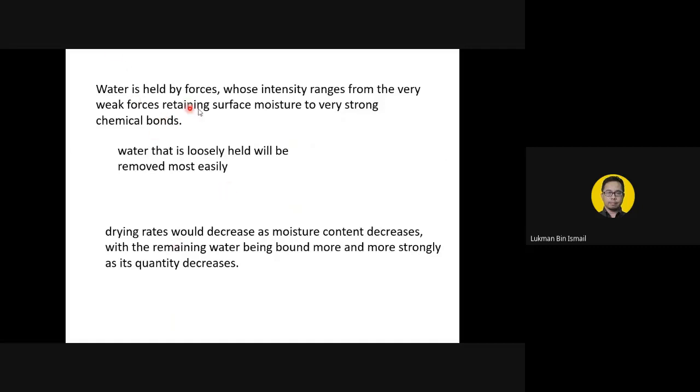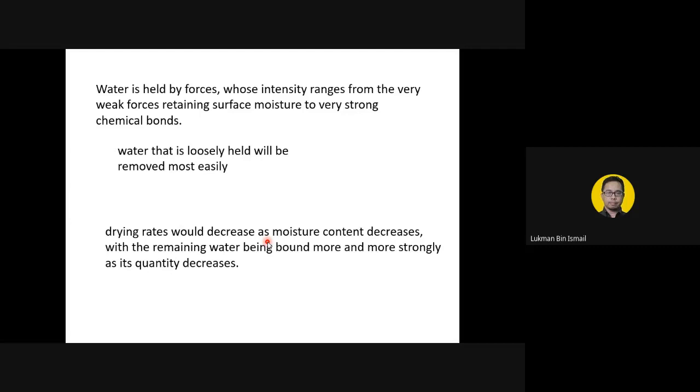Water is held by forces whose intensity ranges from very weak forces retaining surface moisture to very strong chemical bonds. So you have chemically bonded water. Water that is loosely held will be removed most easily, so drying rates decrease as moisture content decreases.